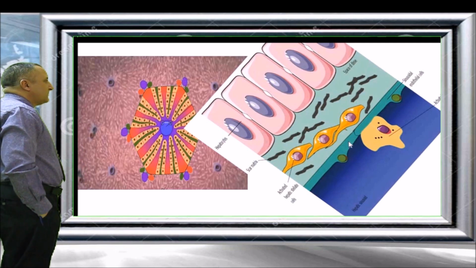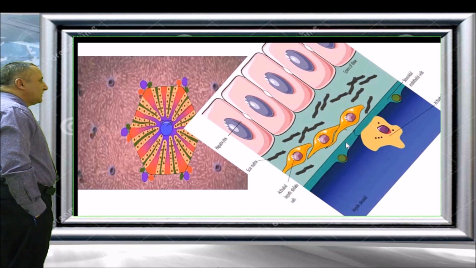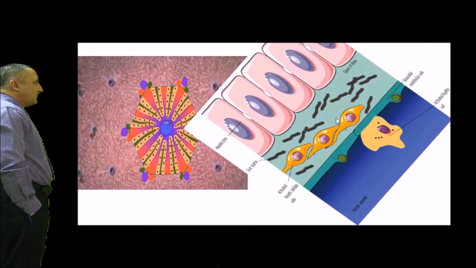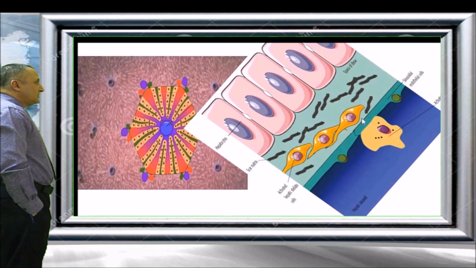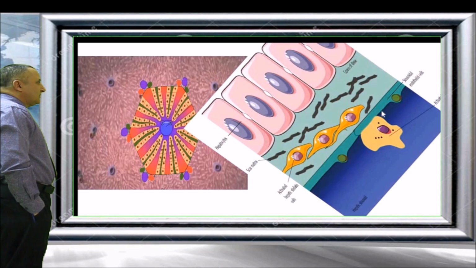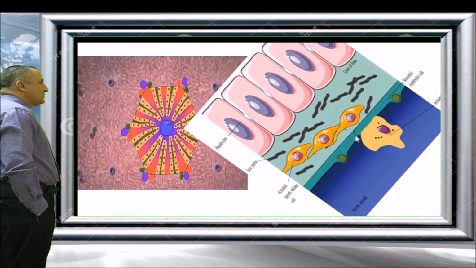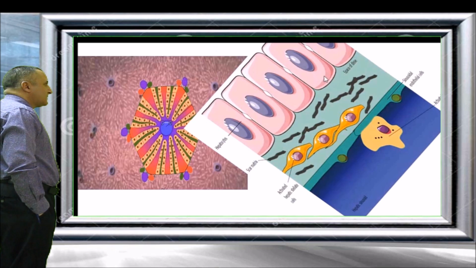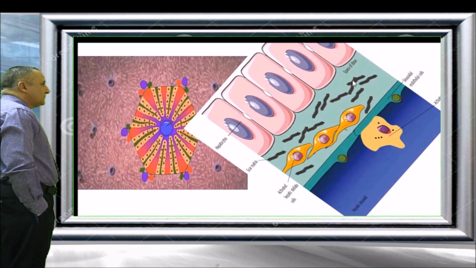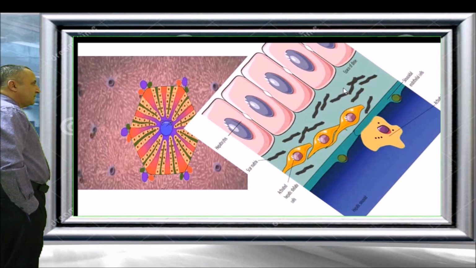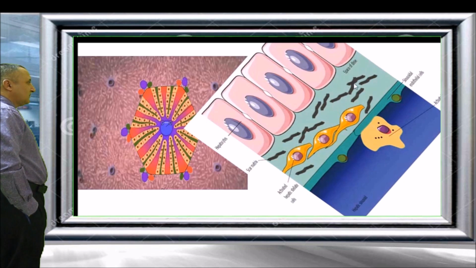So they have small holes, and through these holes some plasma mixes in the space of Disse. From the space of Disse the materials are taken by the hepatocytes, or some materials are not taken and remain in the space of Disse, and then from the space of Disse they can go to the lymphatics.